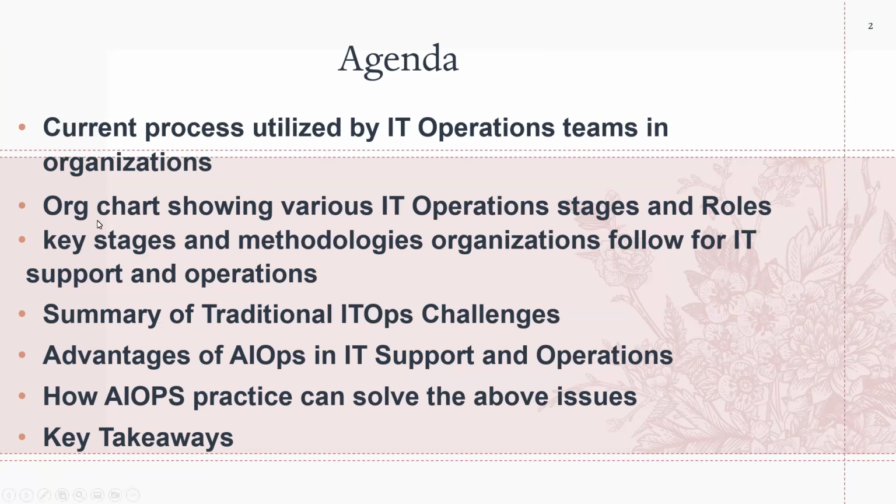Then we are going to talk about the roles in the org chart that manages IT operations, key stages and methods organizations follow for IT support and operations, and a summary of traditional IT ops challenges.